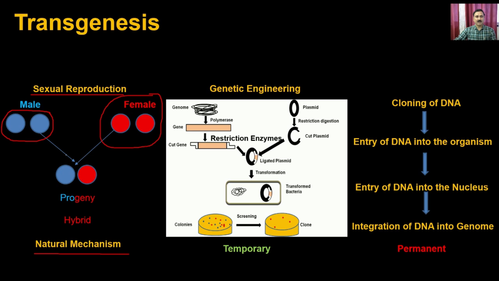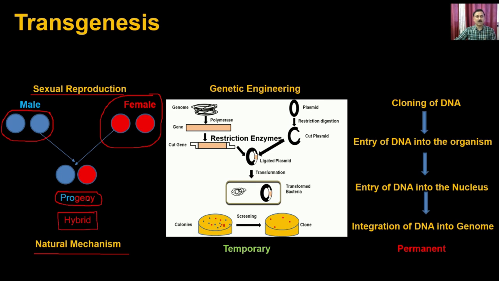When they undergo sexual reproduction, they produce a progeny which has mixed characters, with 50% genomic content from the male and 50% genomic content from the female. Because of that, this progeny is called a hybrid variety.